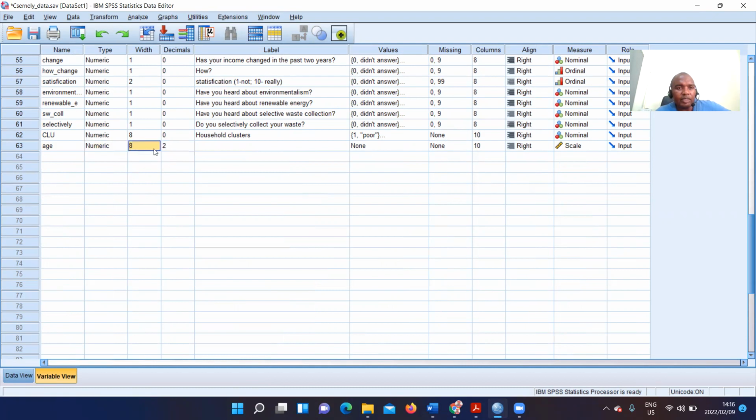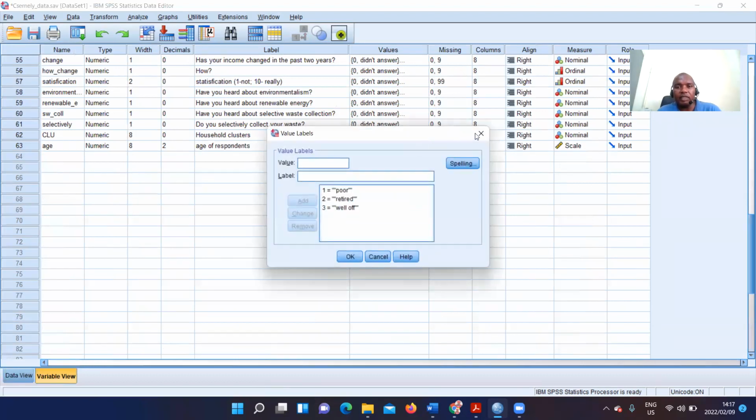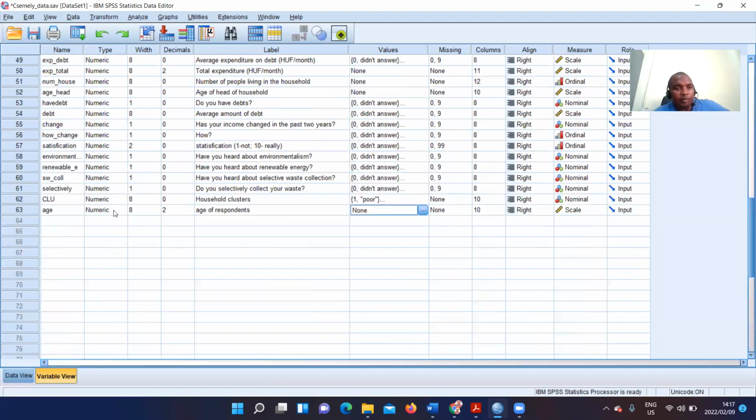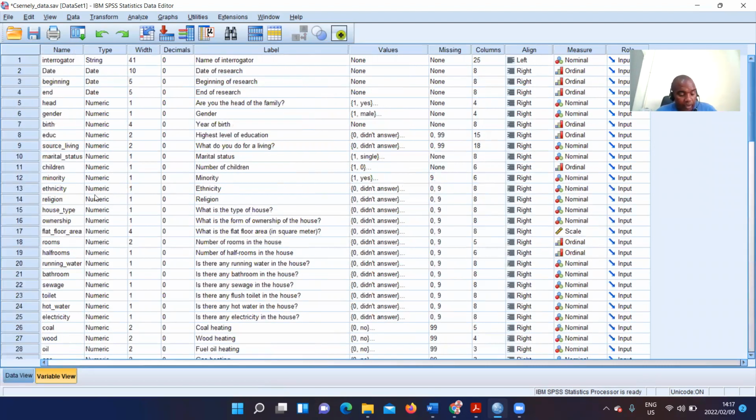The width is 8, 2 decimal places. You can write additional information like age of respondents, and then we obviously don't enter any information, and it's a scale variable. SPSS is able to do that transformation and come up with that scale variable.